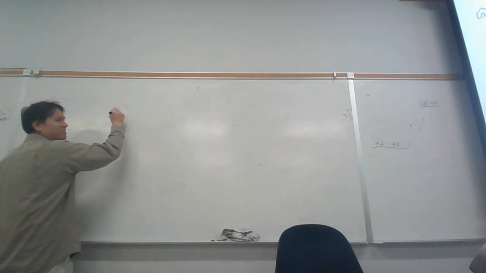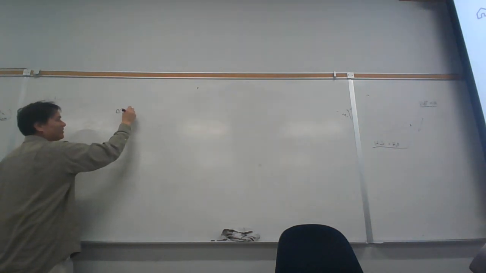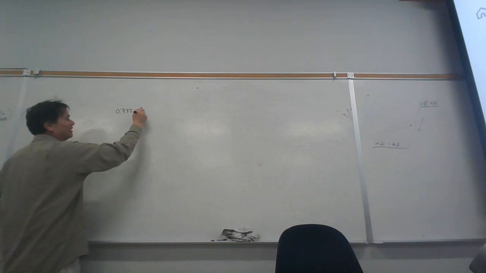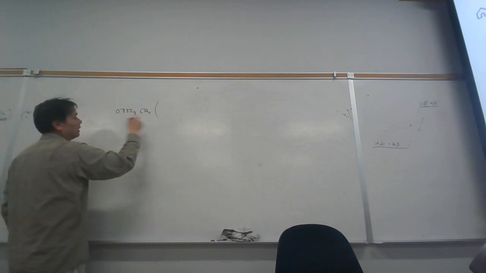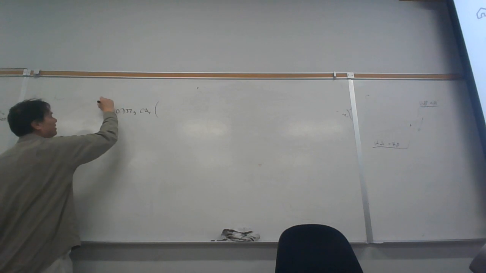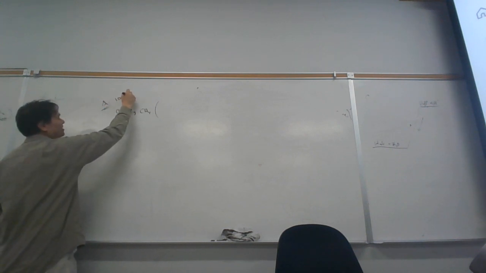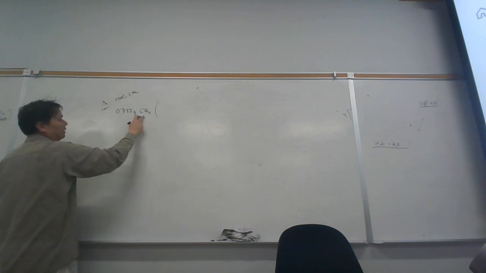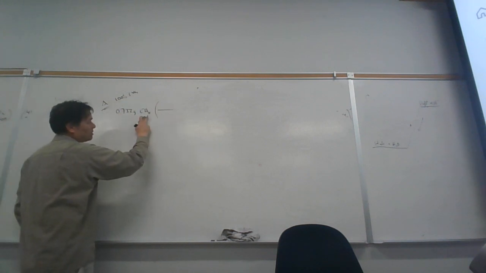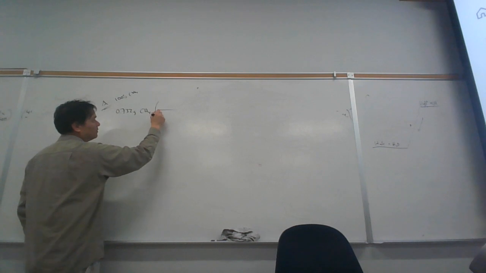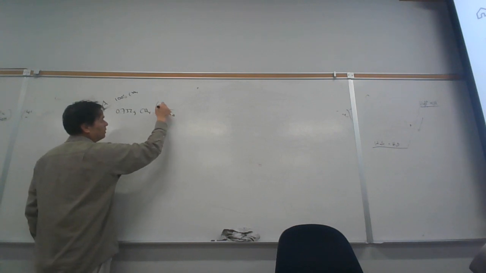So the first step is you assume all 0.732 grams was methane, right? CH4. Okay, so what we're going to do is we'll do that A, 100% CH4. And then 12.01 plus 4.04 is 16.05, so 16.05 grams per mole.